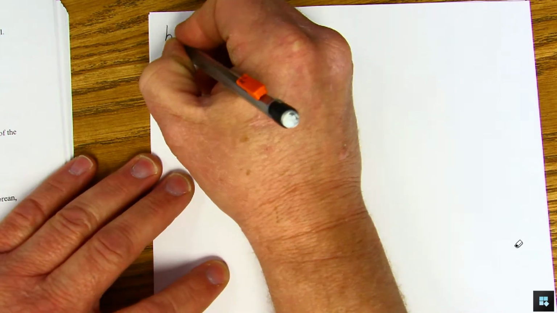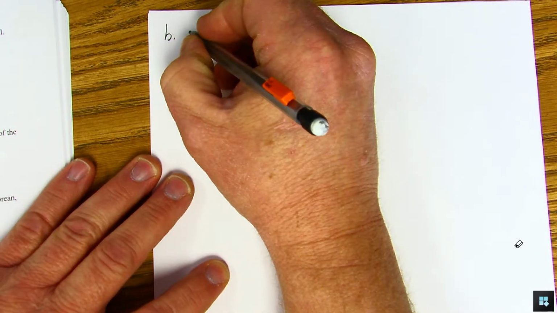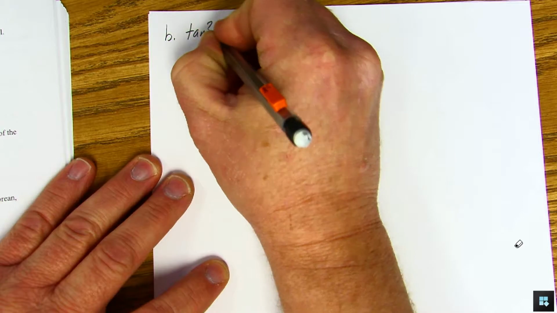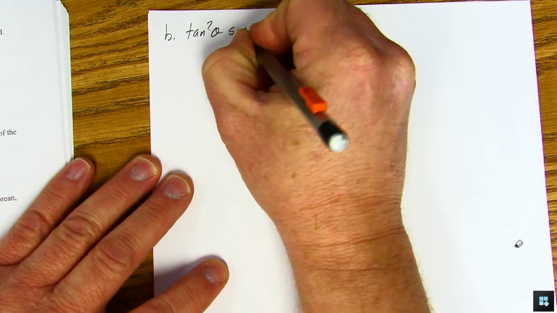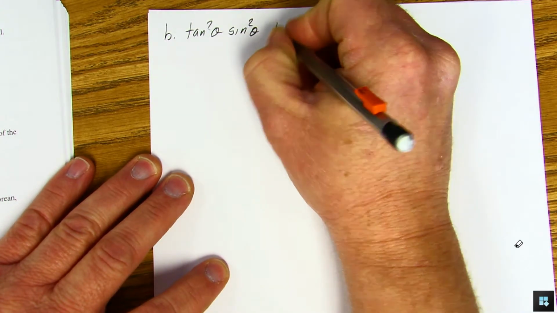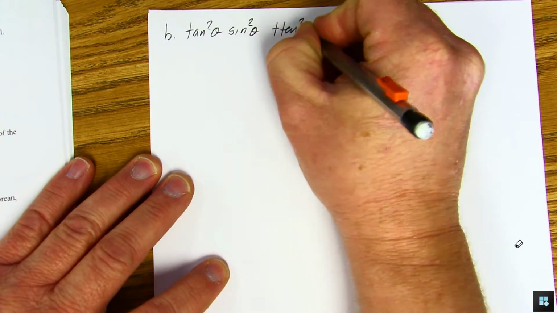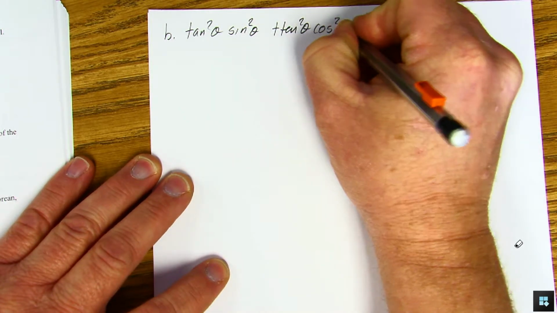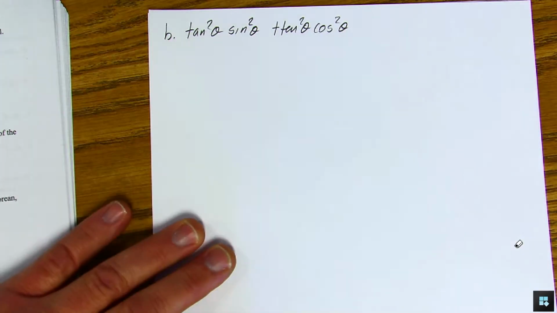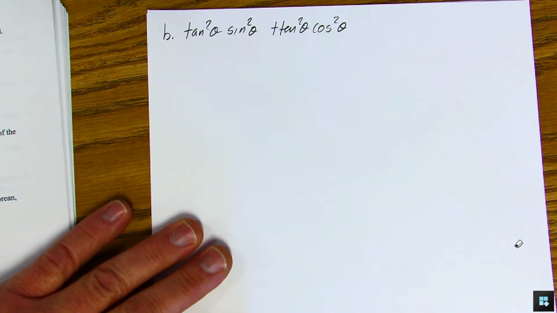We're going to start out, and again, I'm going to do B, which says we have tangent squared theta times the sine squared theta plus tangent squared theta times cosine squared theta. And we are trying to rewrite this using things that we know. And we're kind of putting together a logic puzzle to make this become something else.